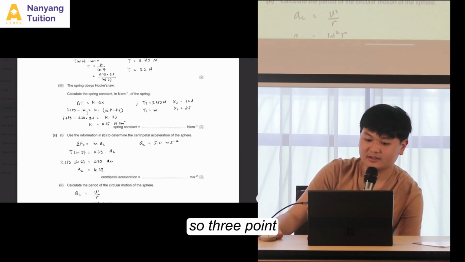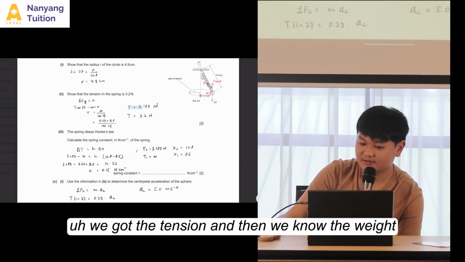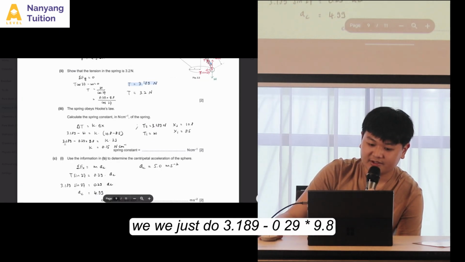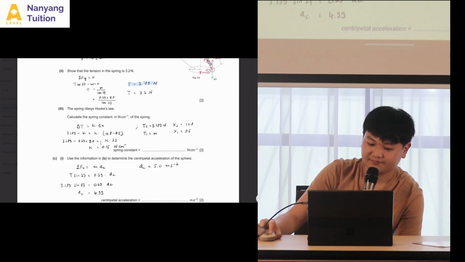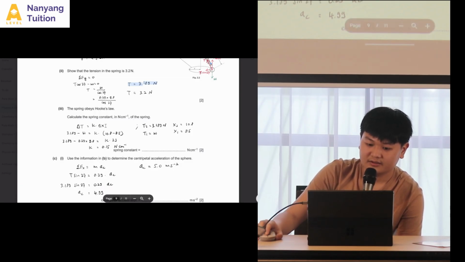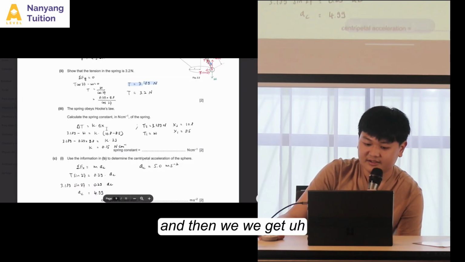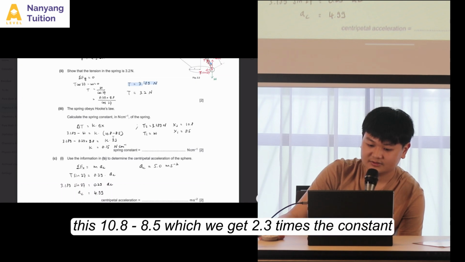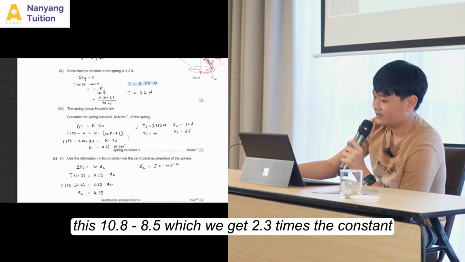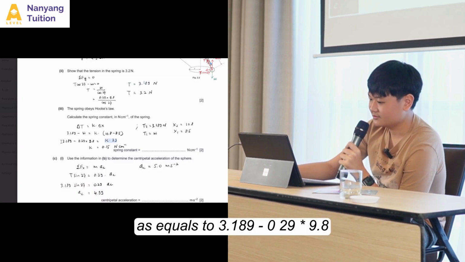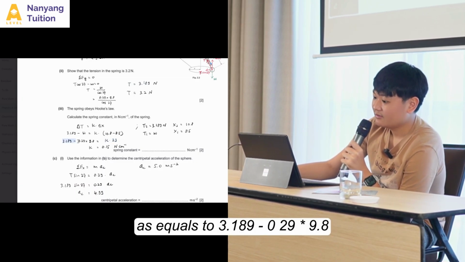So we got the tension and then we know the weight. We just do 3.189 minus 0.29 times 9.8. And then we get this 10.8 minus 8.5, which we get 2.3 times the constant is equal to 3.189 minus 0.29 times 9.8.